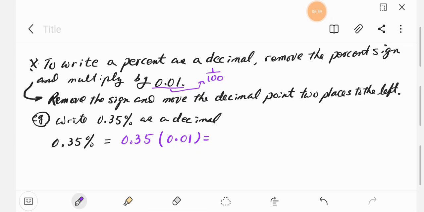Since you are multiplying by 0.01, you move the decimal point 2 places to the left. So 0.035. It was over here, right? 1, 2. So move 2 places to the left.